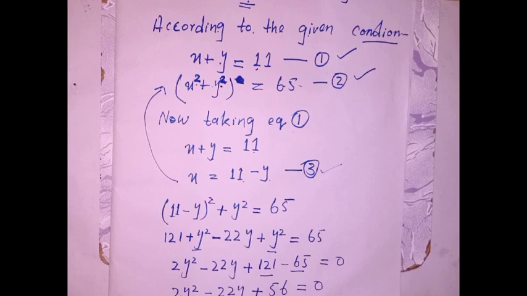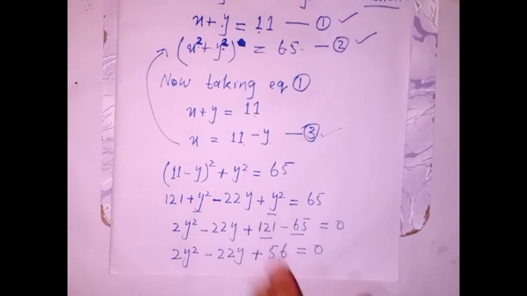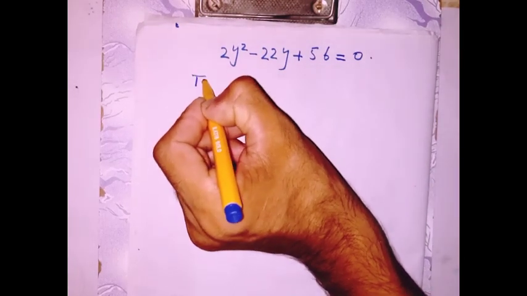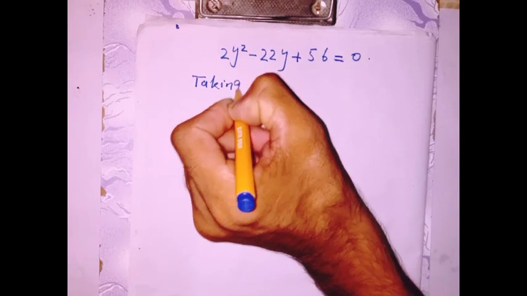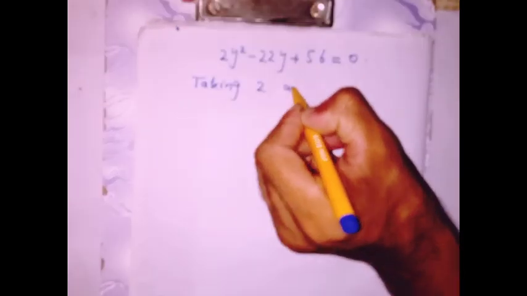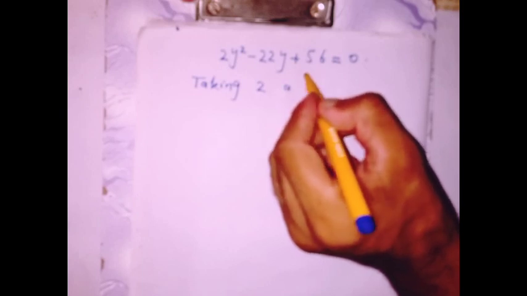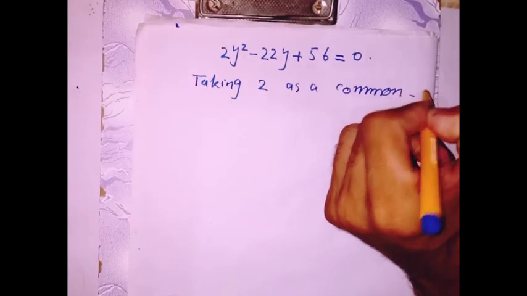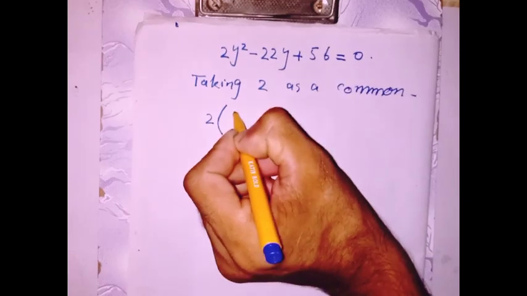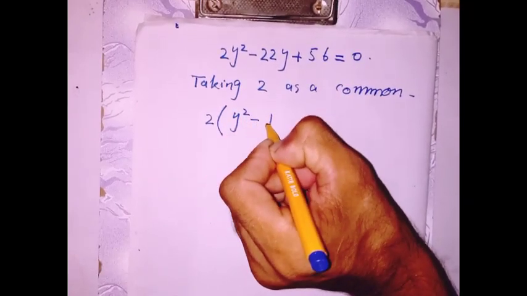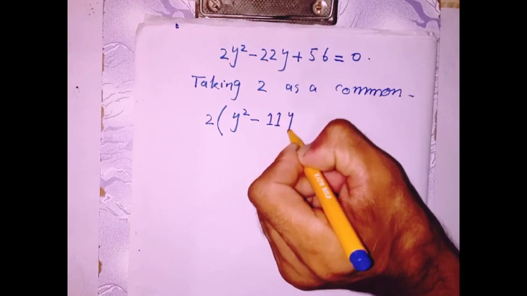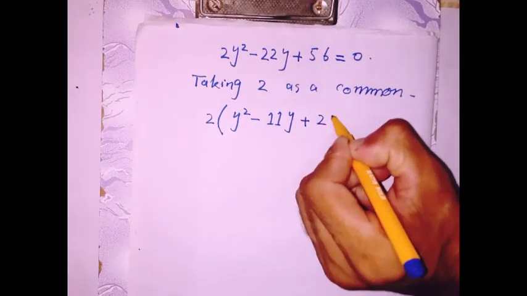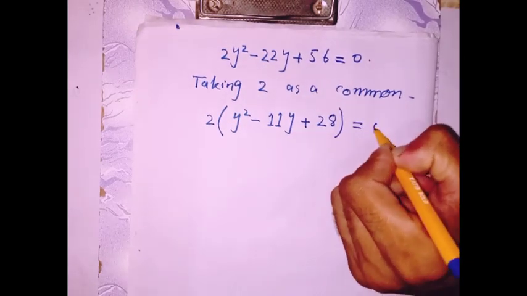Now taking 2 as common from the quadratic equation, we get 2 into y square minus 11y plus 28, because 2 times 28 is 56, is equal to 0.